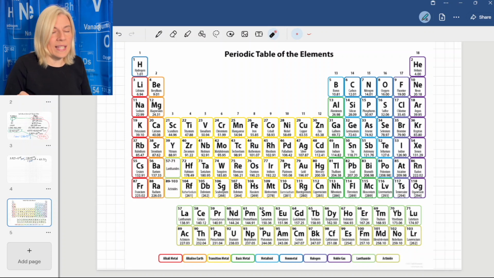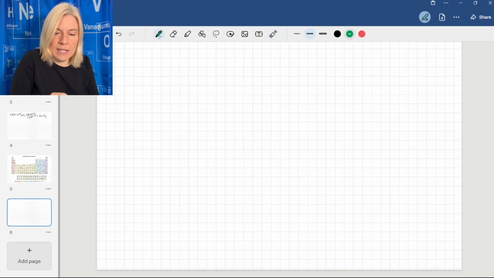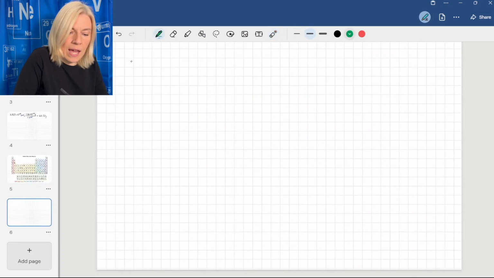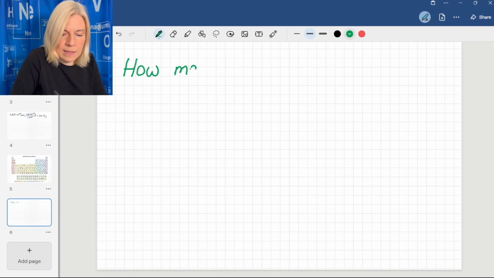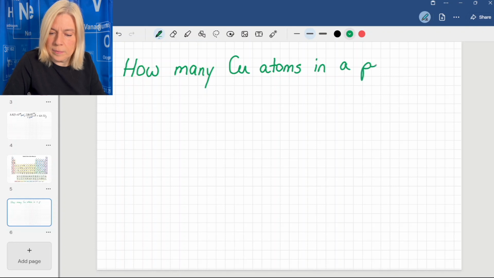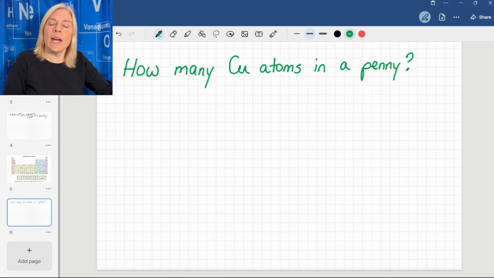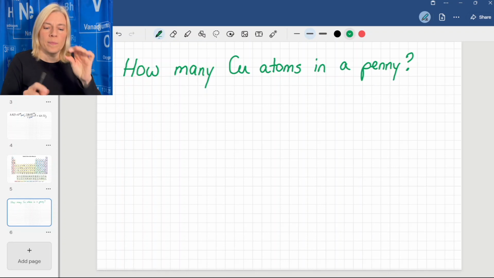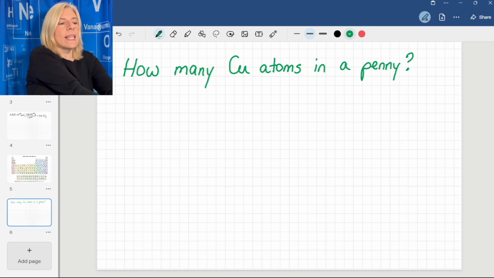So let's actually apply that and do something else. Let's figure out how many copper atoms are in a penny. So I have a copper penny in my hand, and I also have a scale.